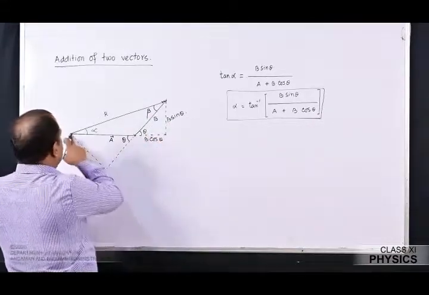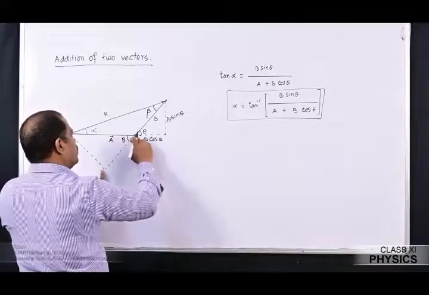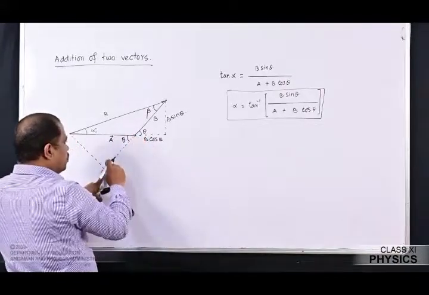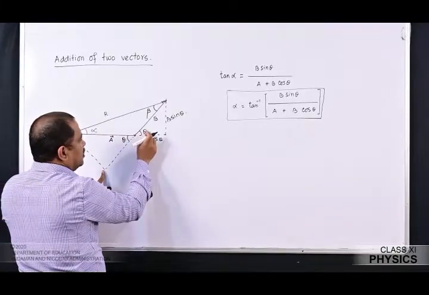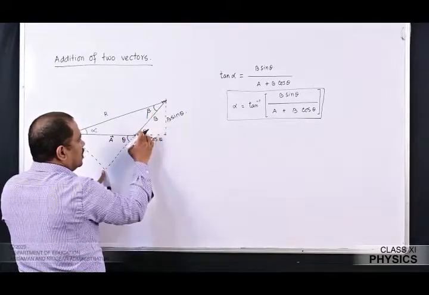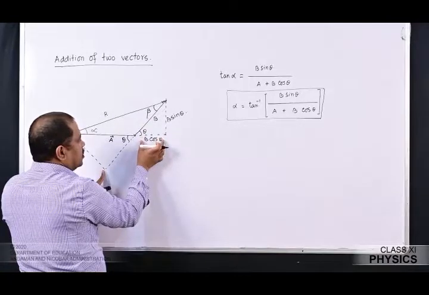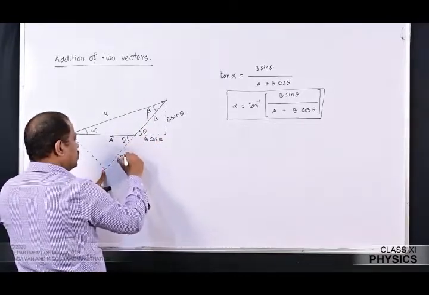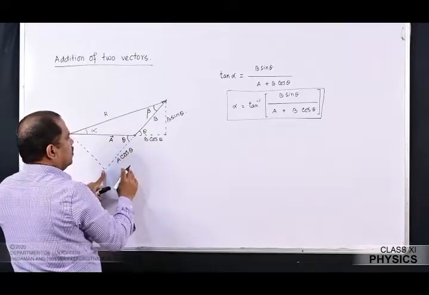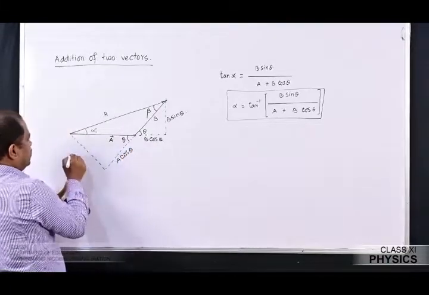I am now going to resolve the magnitude A into two components. This component is making angle theta with this one. The component that made angle theta with the original vector was a cosine component. So let this be A cos theta. Similarly, this will be A sin theta.